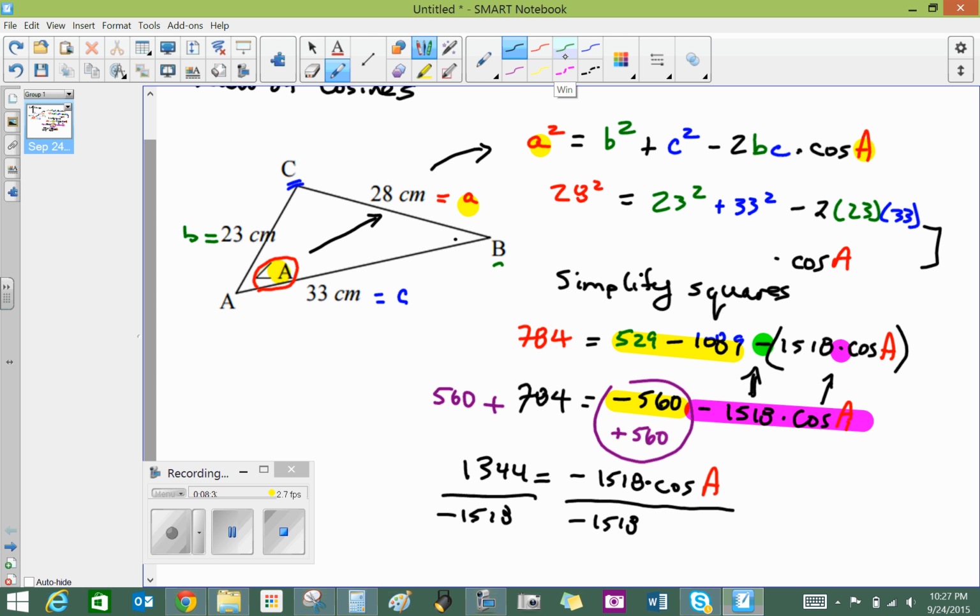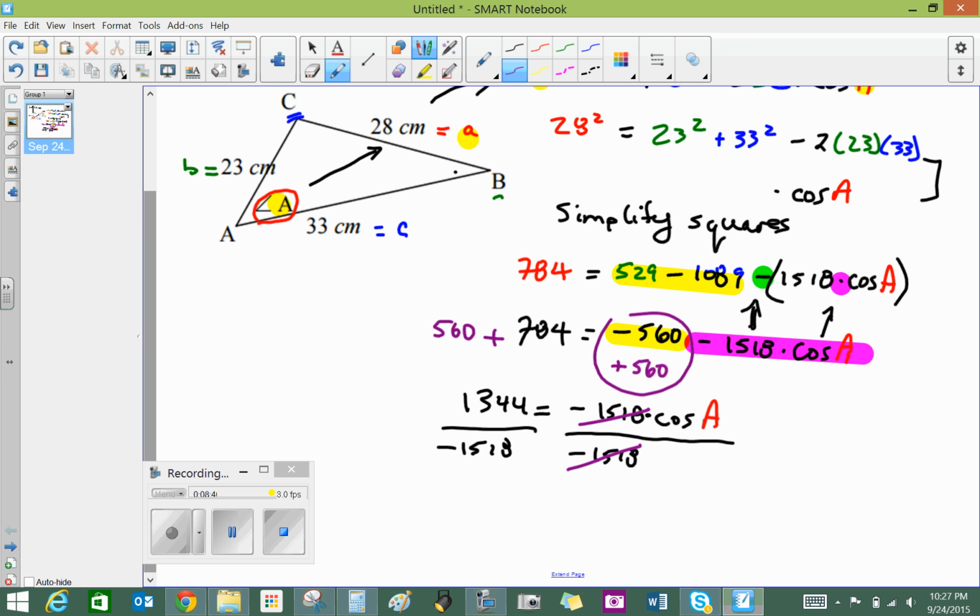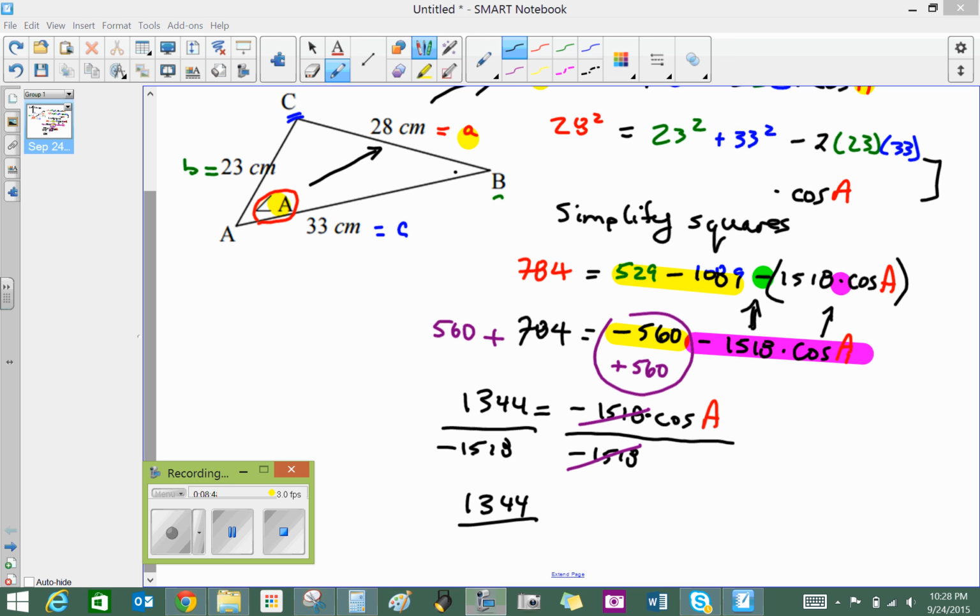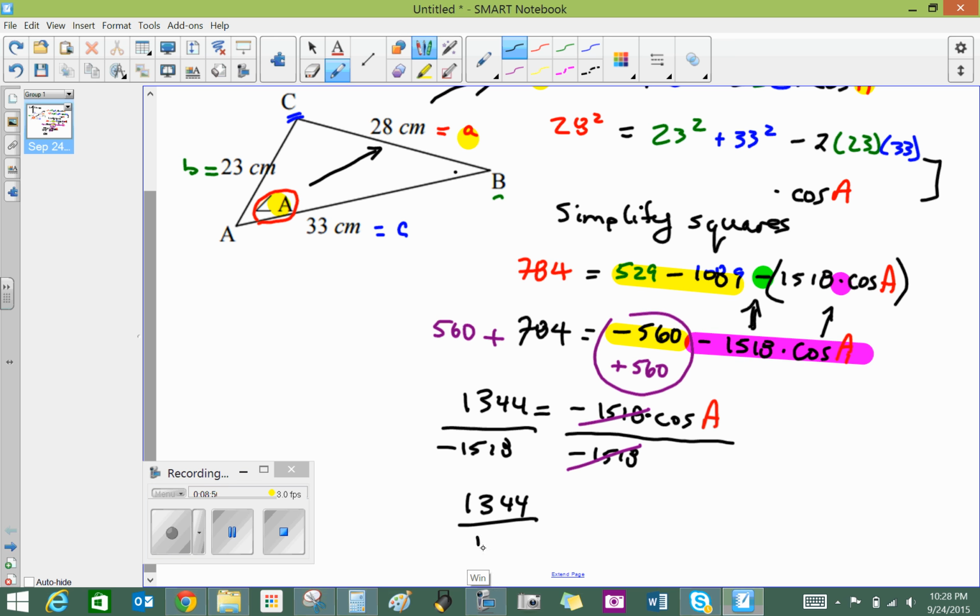And that's going to cancel minus 1,518 on the right-hand side. So we simplify that. We have this fraction here. Okay, so that's equal to the cosine of A.